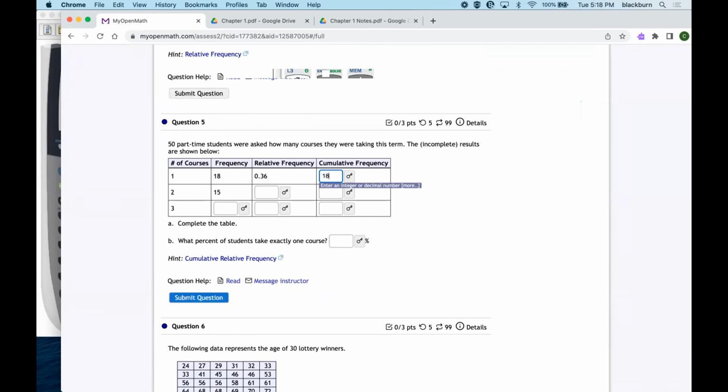So this is going to be 18. The next one's going to be 15 plus 18 is 33. And then I have to get to 50. See where it says 50 part-time students right there?